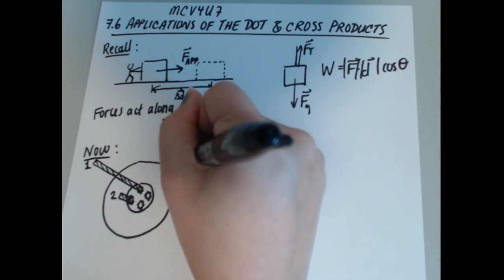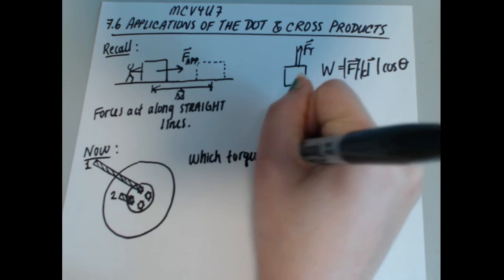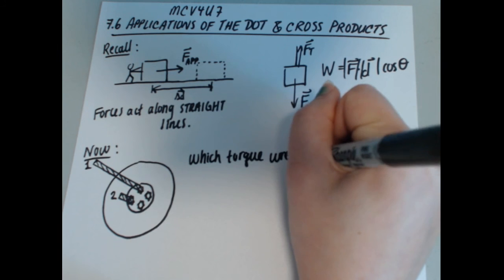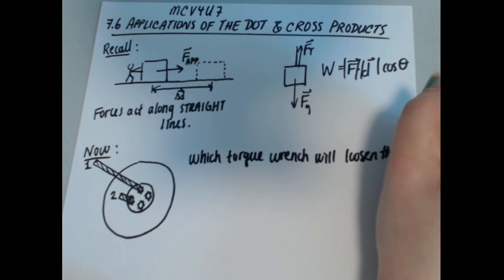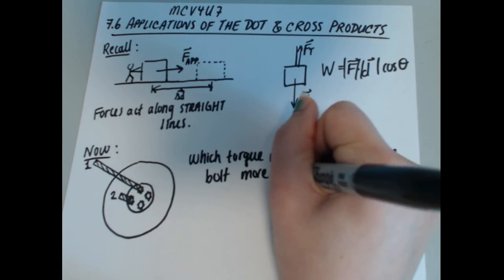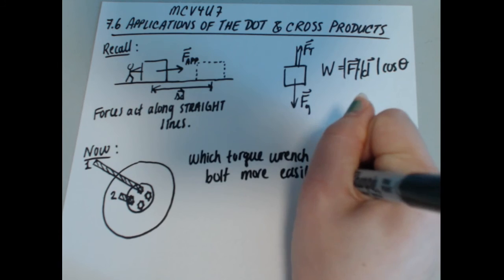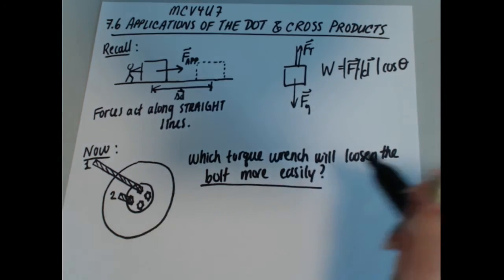Okay, so the question here is, which torque wrench will loosen the bolt more easily? Or said another way, if you have torque wrench 1 and 2 in your trunk, which one are you going to use to loosen up this screw?